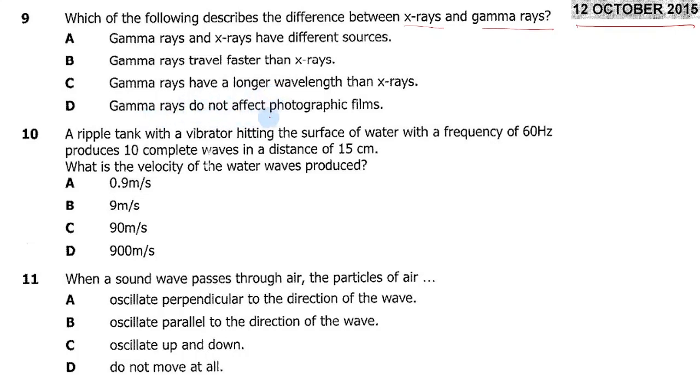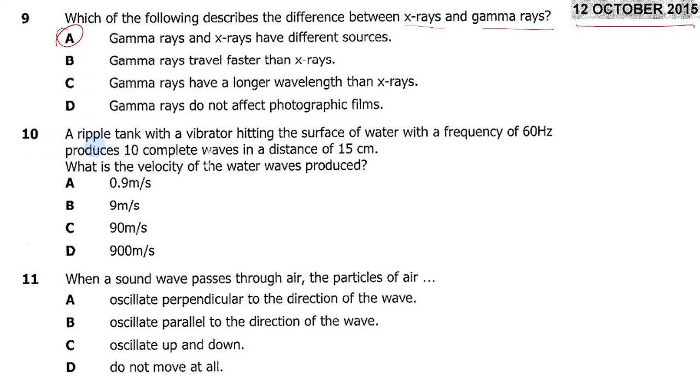Then gamma rays do not affect photographic films. No, they do affect. Radiation affects photographic films. So the correct answer is A, which says gamma rays and X-rays have different sources.